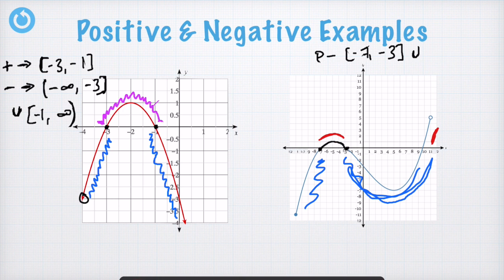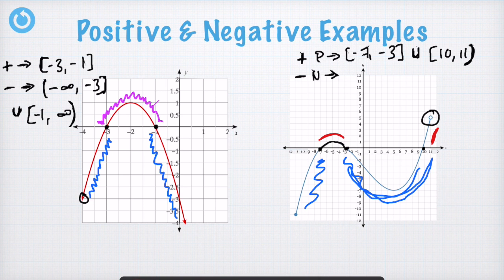And then we're going to add on with that union. That looks about like 10, so we're going to go from 10 to 11. And remember, open circle is a parenthesis.